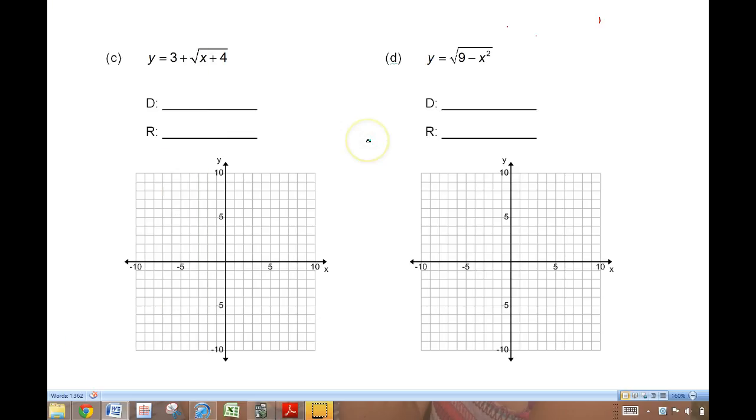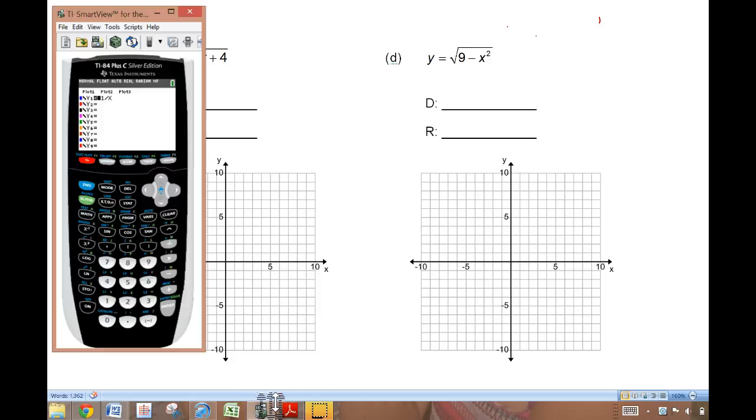Bonus question. Okay, so go ahead and graph 3 plus the square root of x plus 4. So there's half of my sideways parabola.